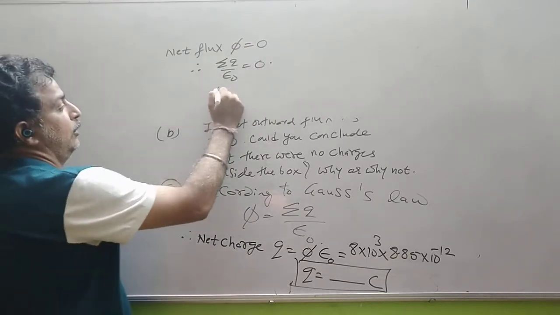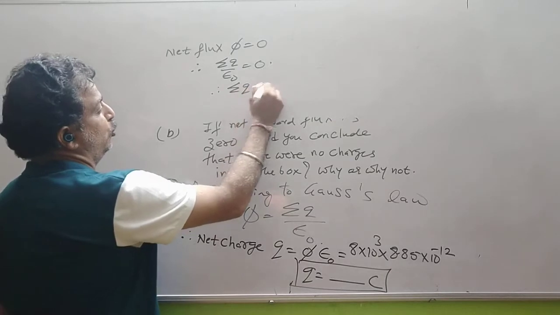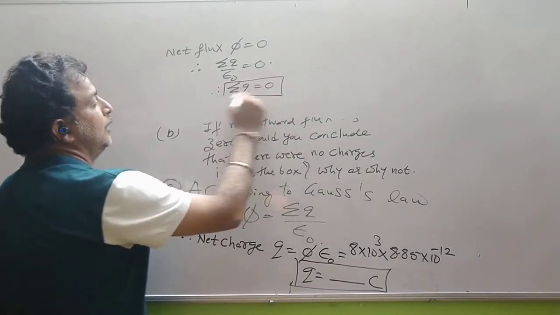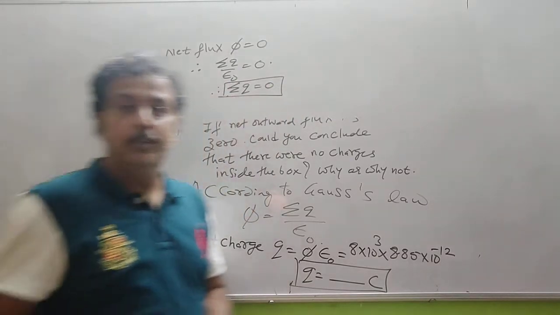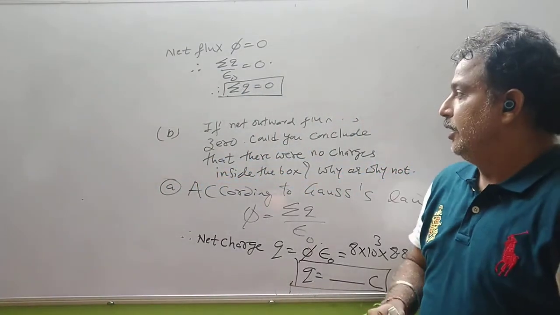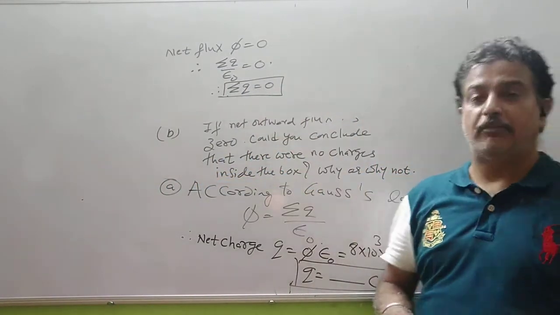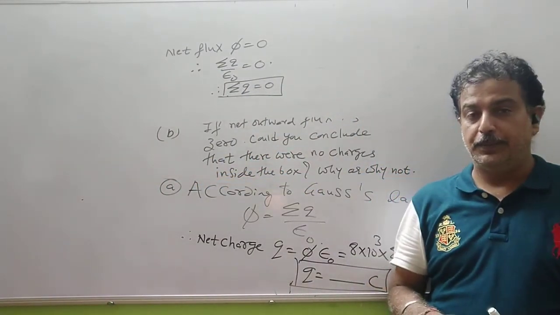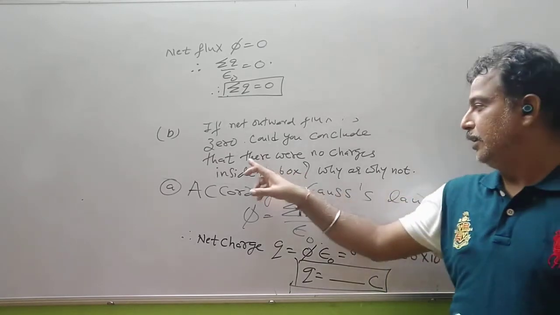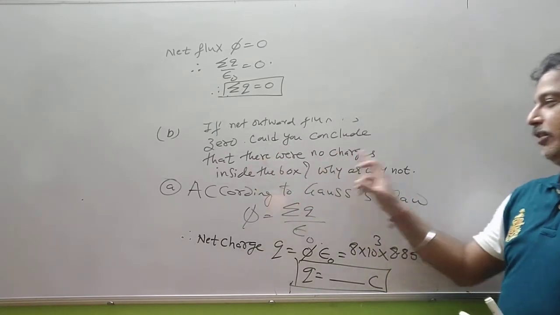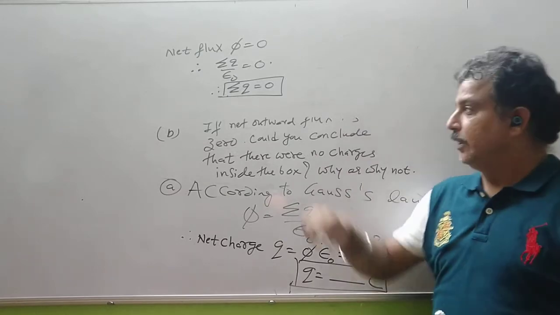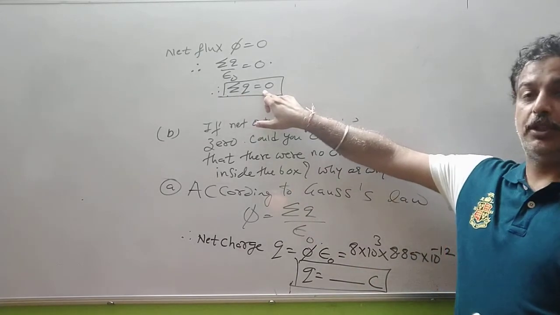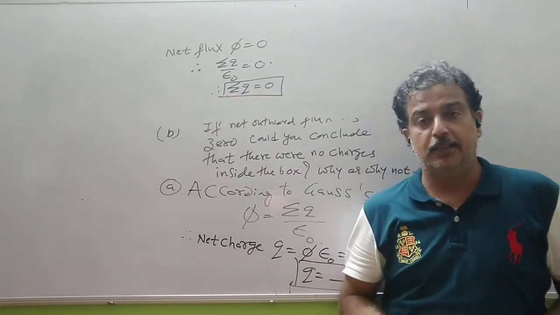And therefore, summation q is 0. That is, the algebraic sum of the electric charge enclosed in the Gaussian surface should be 0. Now the question is, could you conclude that there were no charges inside the box? Here we have summation q equal to 0. So the answer is no.